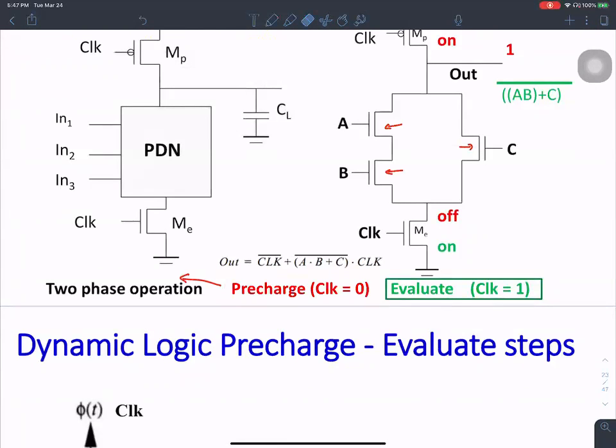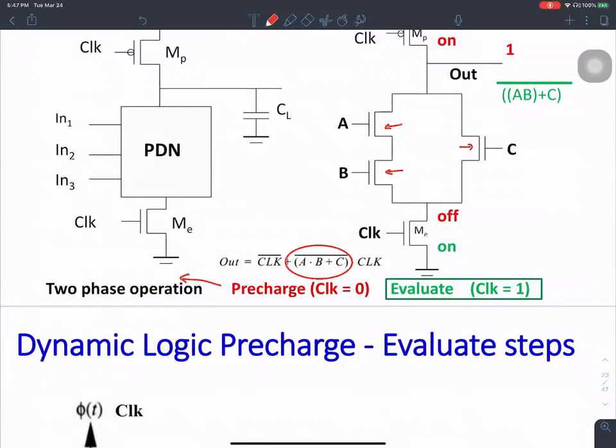That's exactly the same as a static CMOS, except that this is true only when the clock value is 1. When the clock value is 0, the output is always independent of whatever this logic is. When the clock value is 0, the output is going to be 1. But when the clock is 1, I'm implementing the actual logic function.